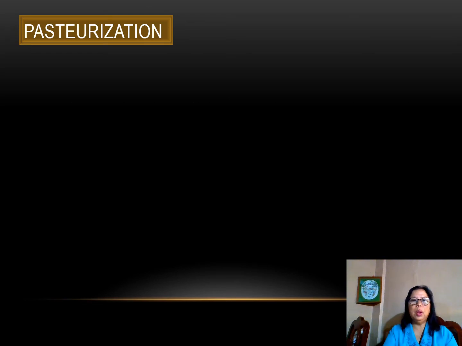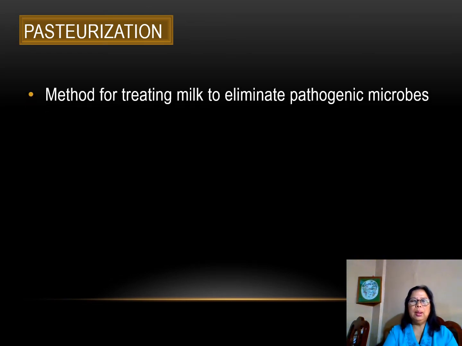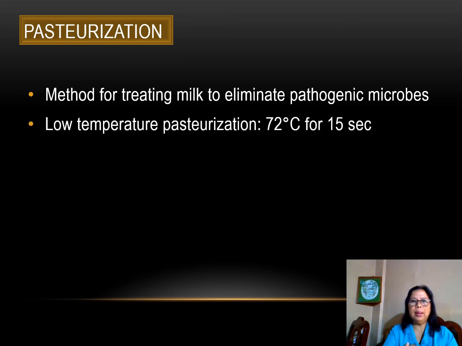And then we have also pasteurization. The principle, as I have made mention to you, is just like autoclaving. But pasteurization as a process is more focused on the food that we take in, like the milk and other dairy products. Pasteurization requires low temperature, or low temperature pasteurization rather.